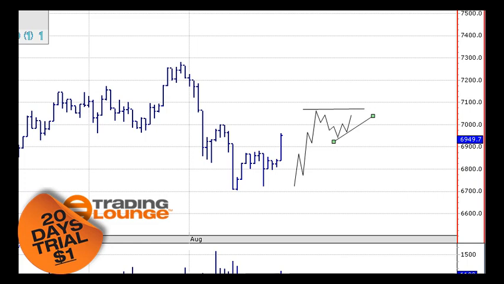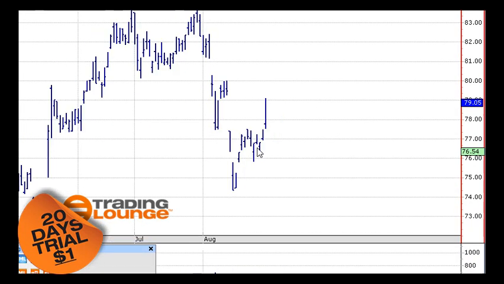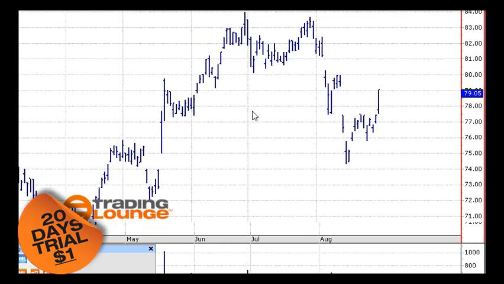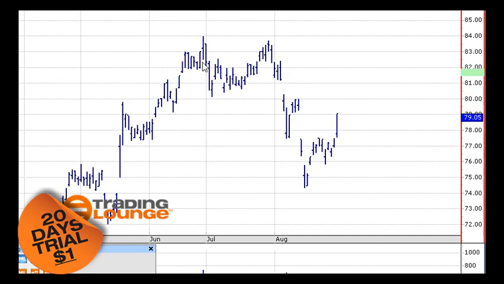If I can go to CBA first. With CBA here, this is obviously a daily chart. The move down through here, I could look at wave 1 or wave 2 here, but for wave 2, it's actually really quite big.